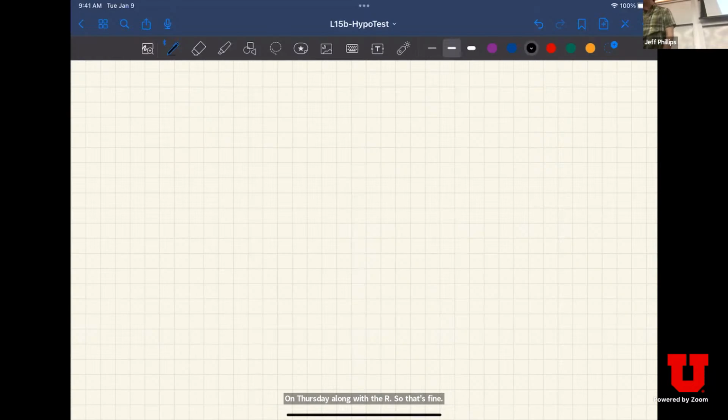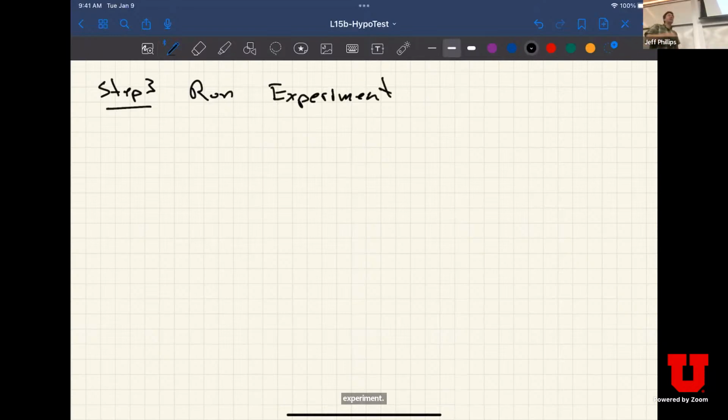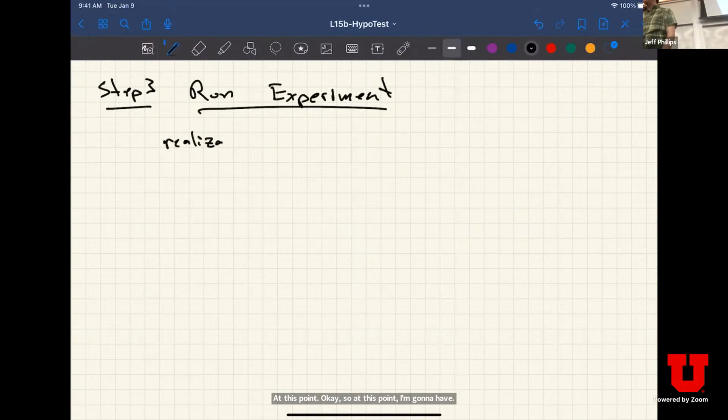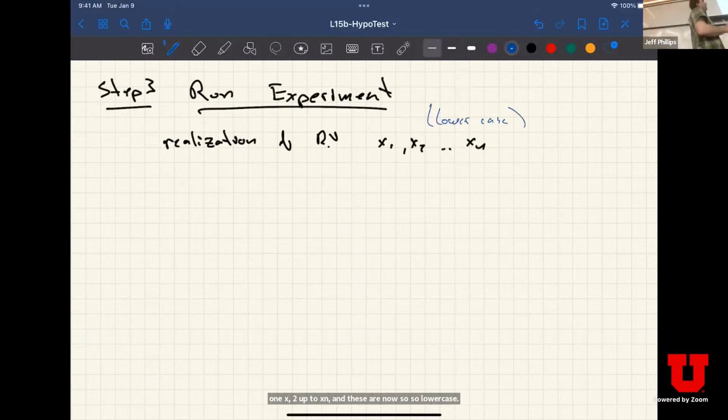So the last step, step 3, is to actually run the experiment. And I'm going to introduce some important language and terminology at this point. At this point, I'm going to have a realization of the random variables. We get x1, x2 up to xn, and these are now lowercase, so these are actual data I've collected, right?